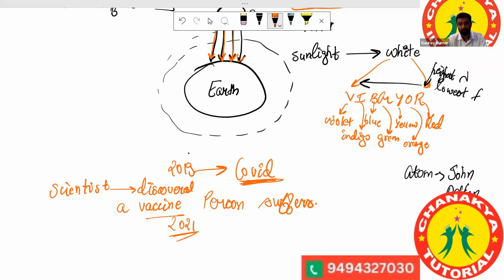If this scientist hadn't discovered this vaccine, we would still be confined in one room or in our home, and we would not be able to go out. Because of this discovery, we are able to walk freely without any fear of encountering COVID, right?